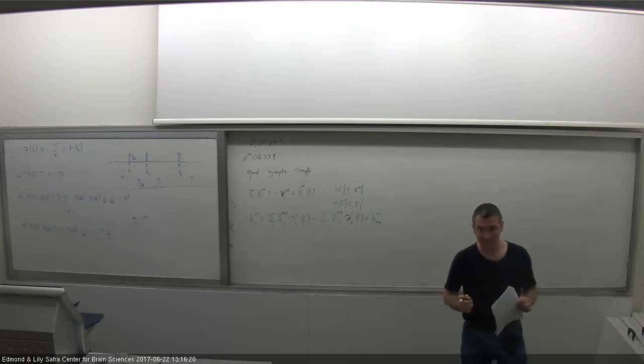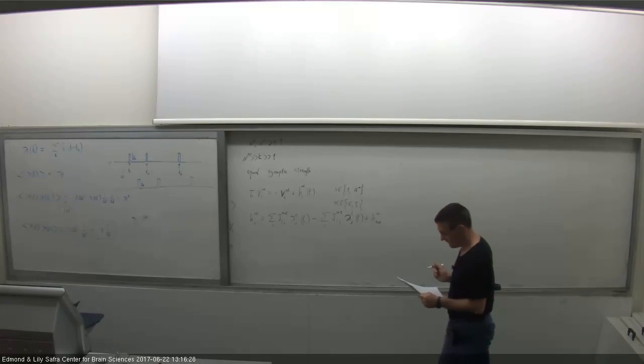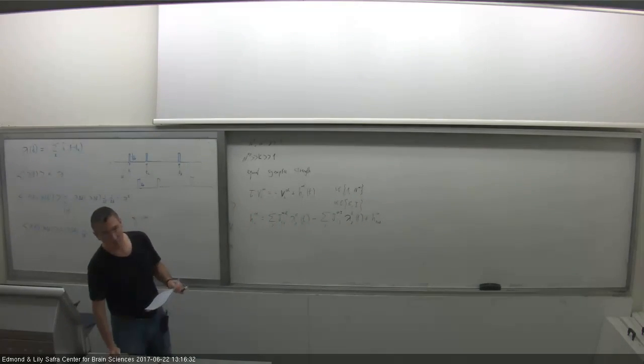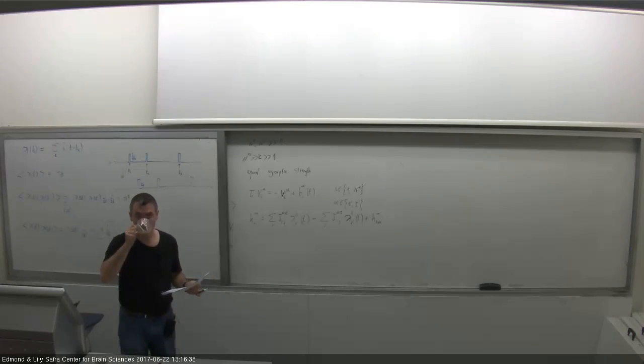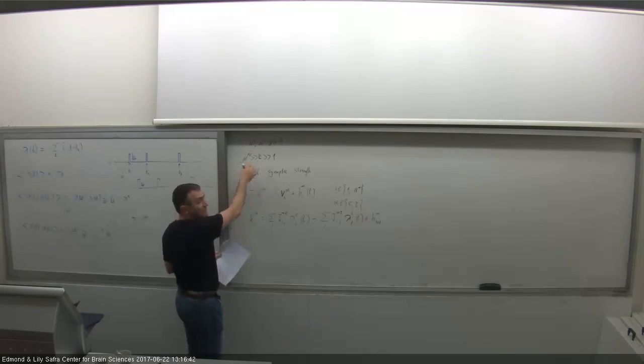Yes? Do we have some assumption about the ratio between inhibitory and excitatory? No. Not here. Here I'm assuming that each neuron receives input from K connected neurons, so the sum is over K neurons.